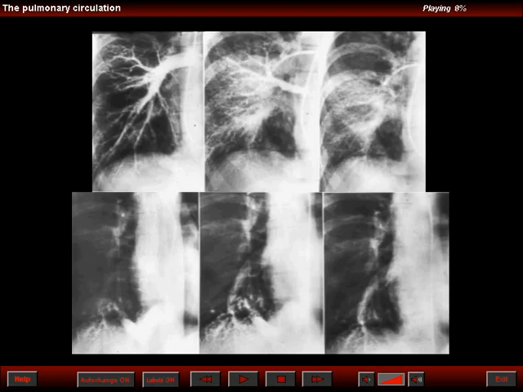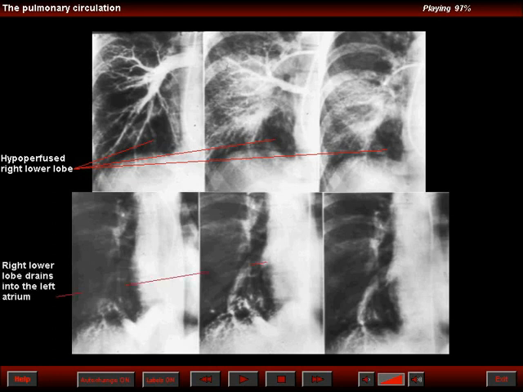A pulmonary angiogram revealed that the pulmonary artery did not perfuse this area of the lung, and in the arterial phase, we can see that there is an artery that feeds the right base, but that the right lower lobe pulmonary veins normally drain towards the left atrium.